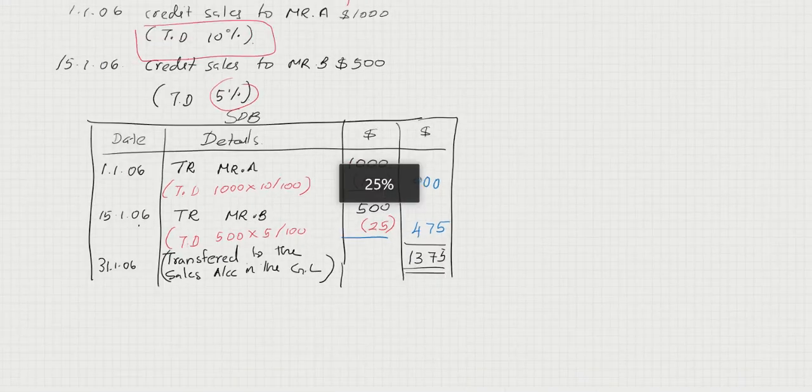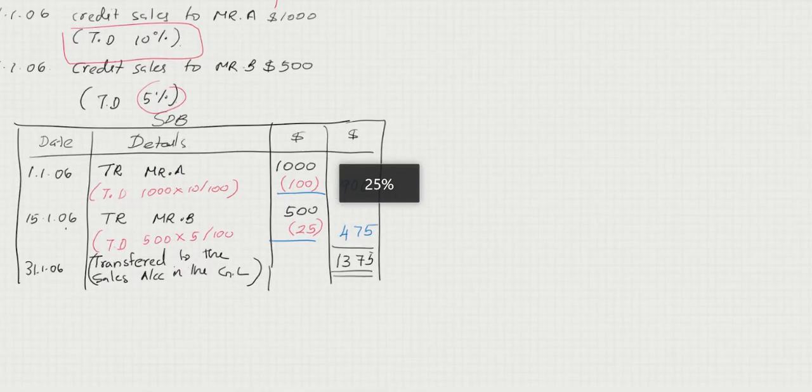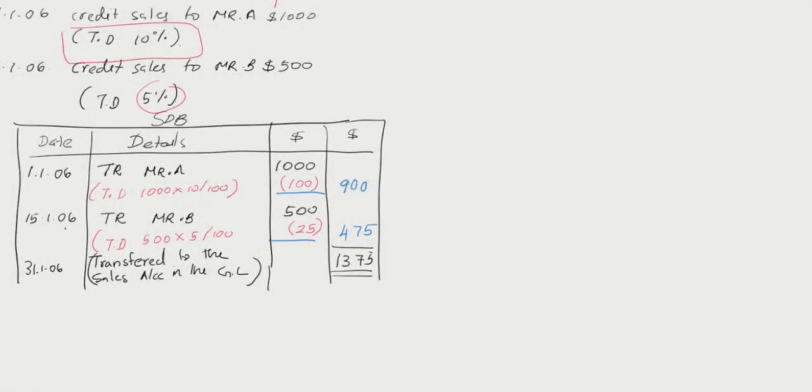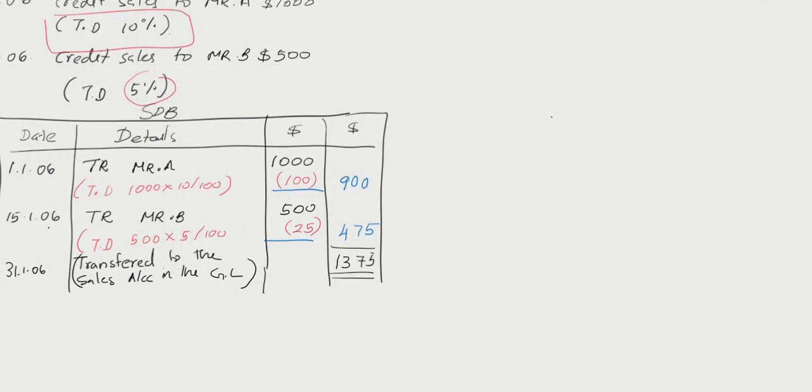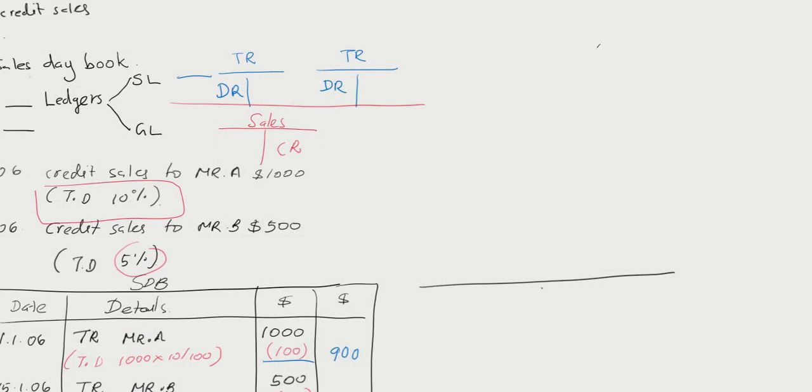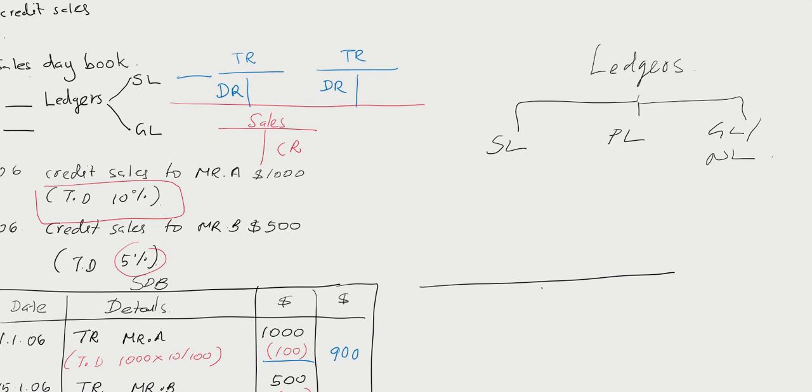How are we going to show this impact in the ledgers? Now, let's open two ledgers. Before that, let me explain the types of ledgers, the classification of ledgers. We have three classifications of ledgers: sales ledger, purchases ledger, general ledger or nominal ledger.